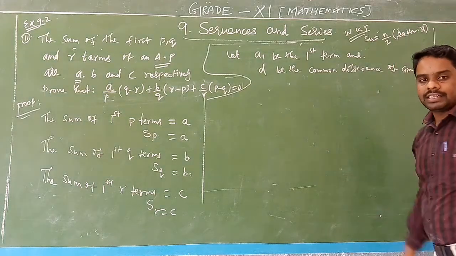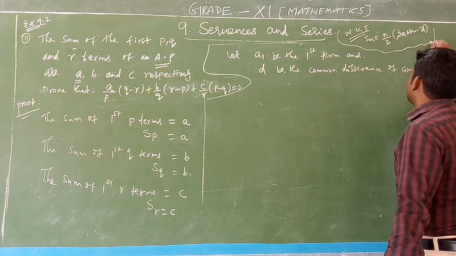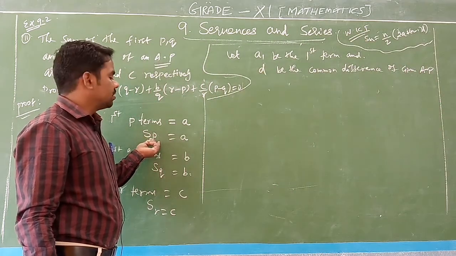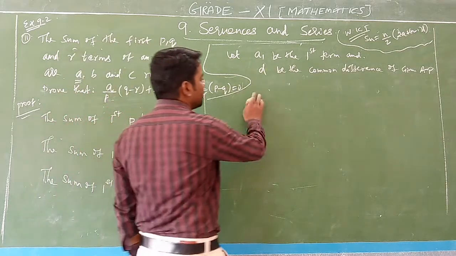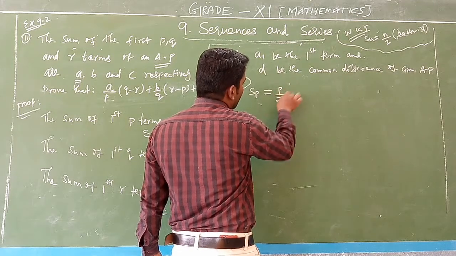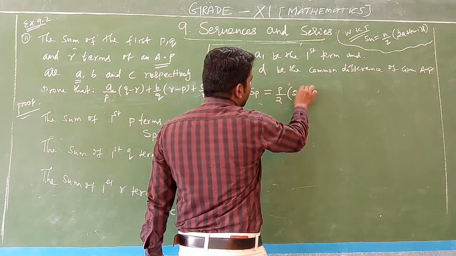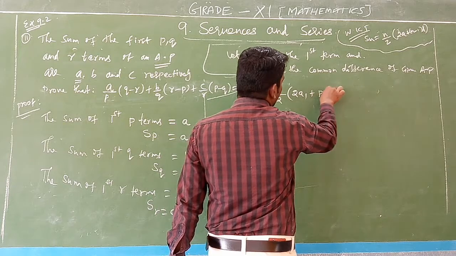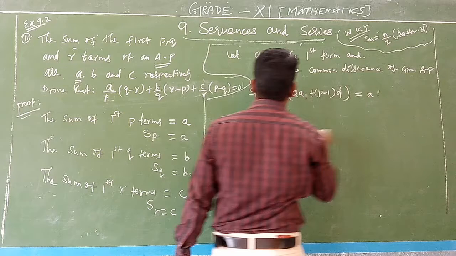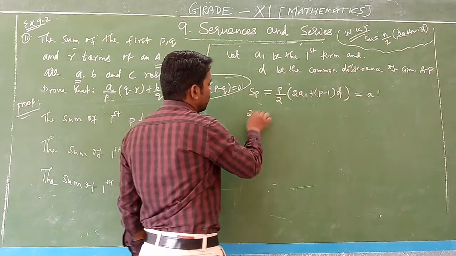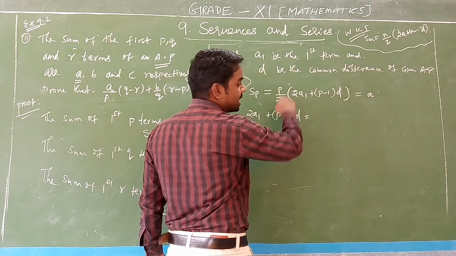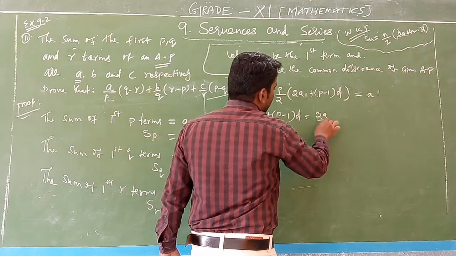Here the sum of the first p terms is given, so Sp equals a, written as p by 2 of (2a1 plus (p minus 1) into d) equals a. Simplify this: 2a1 plus (p minus 1) into d equals a into the reciprocal of p by 2, which is 2a by p. This is equation number 1.